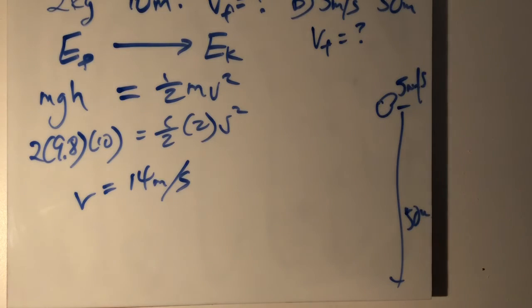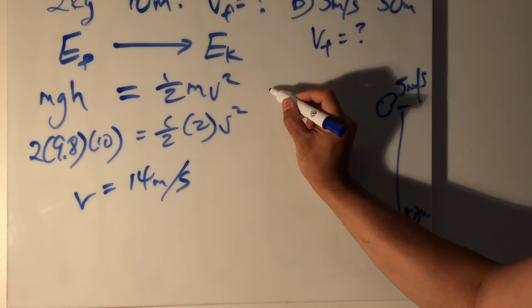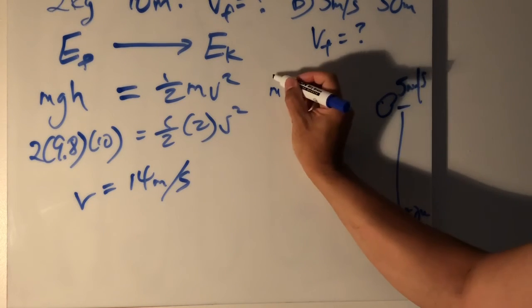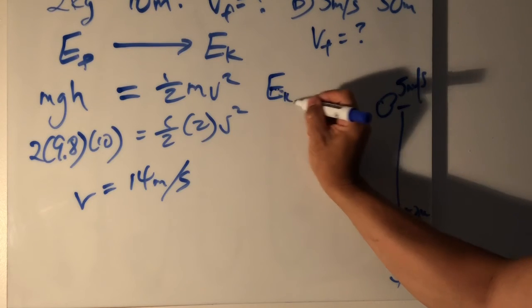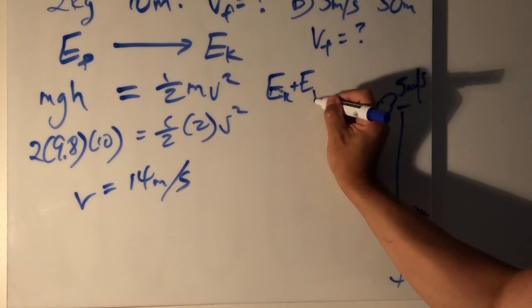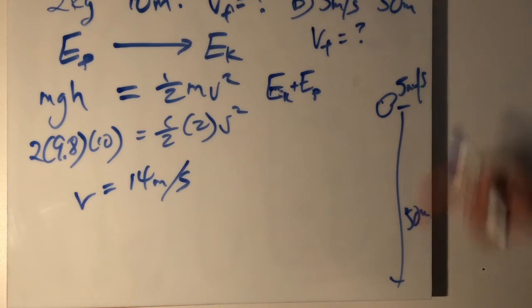It means that we can find the overall energy. So at this point, we have to worry about the kinetic energy and we have to worry about the potential energy, because it's already moving and it still hasn't hit the ground yet.